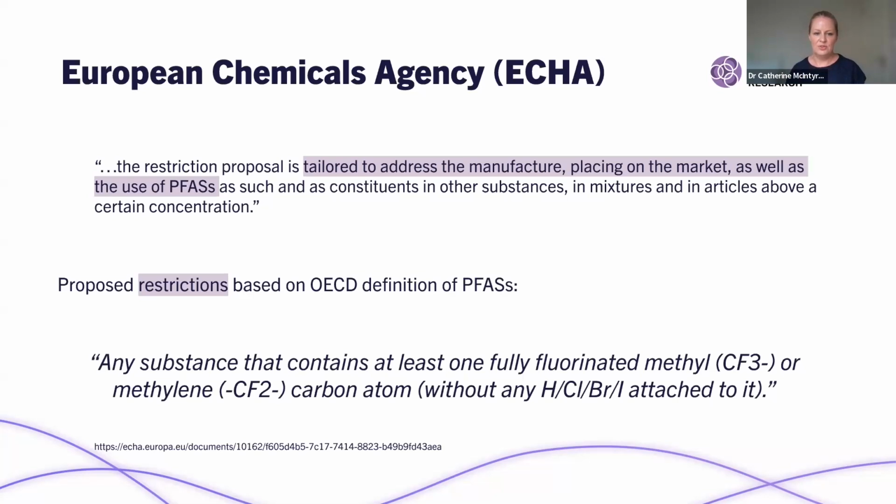They're proposing restrictions of PFAS based on an OECD definition: any substance that contains at least one fully fluorinated methyl (CF3) or methylene (CF2) carbon atom. So just one fluorinated carbon atom in your compound gets it onto that list.